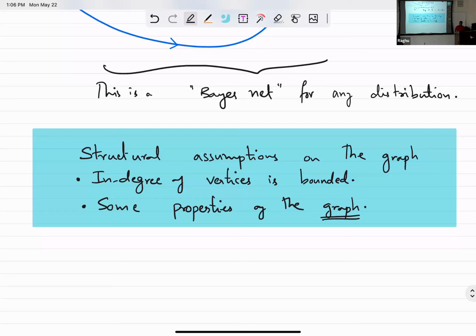So generalizing the Markov chain, what would be some nice properties of the graph to have? Any suggestions? Actually, even in the Markov chain case, suppose I tell you that it is a Markov chain, but you don't know the order. Can you learn the order? That's also interesting. But what could be a further generalization than just a path?